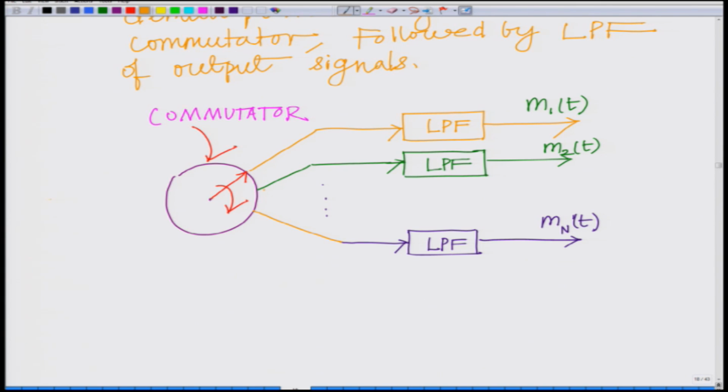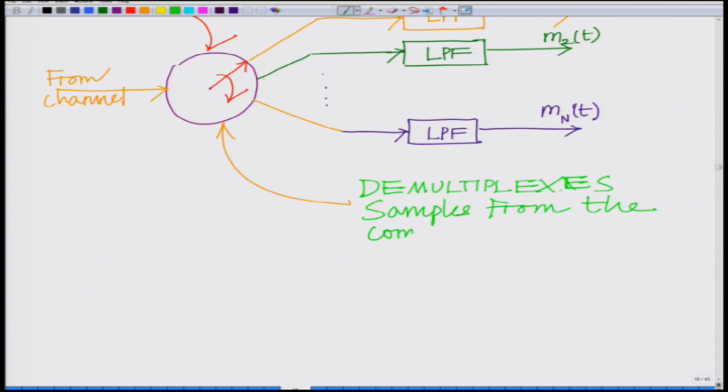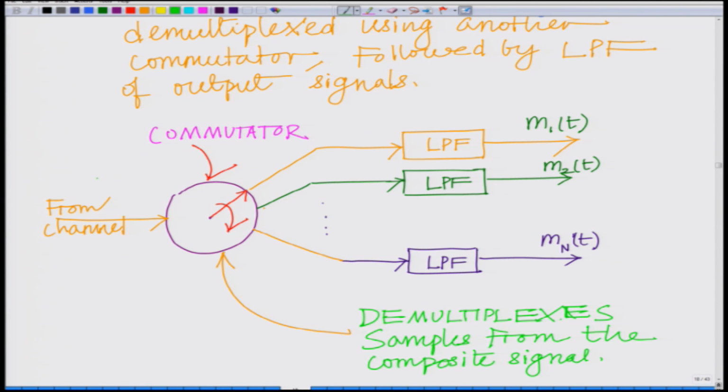So, you get the input from the channel. This commutator is then demultiplexing the samples from the composite signal, followed by this bank of low pass filters.